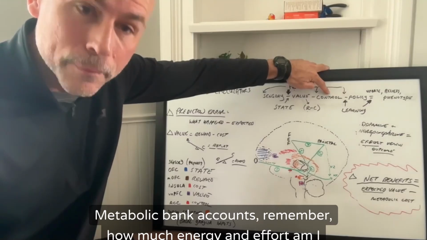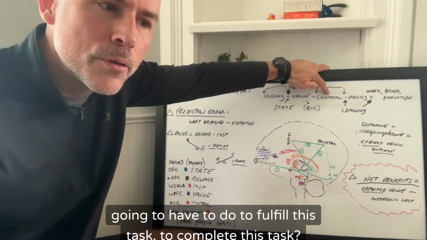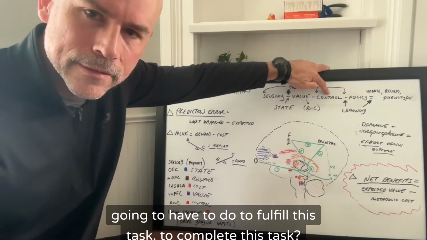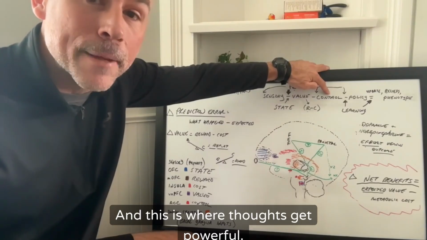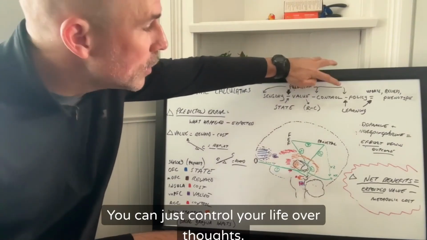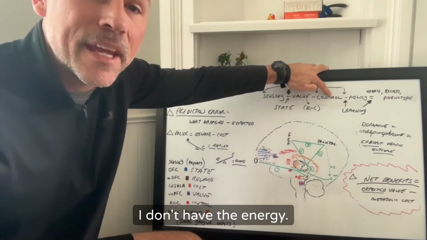Metabolic bank accountant, remember. How much energy and effort am I going to have to do to complete this task? And this is where thoughts get powerful. You can just control your life over thoughts. I don't want to do that. I don't have the energy. I can't.